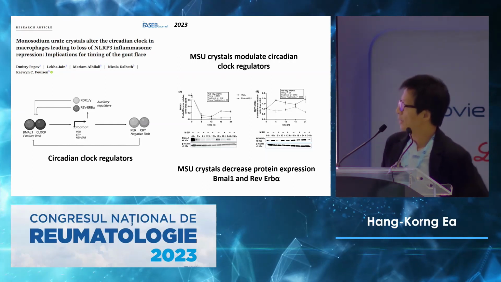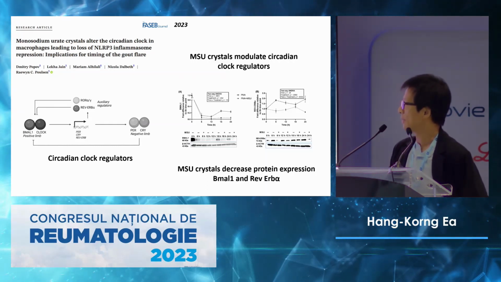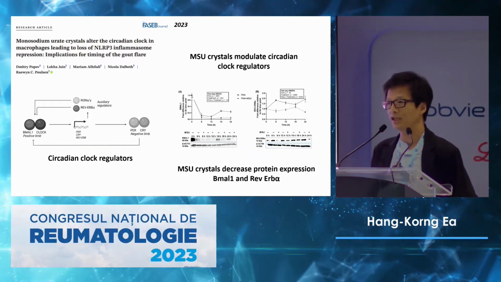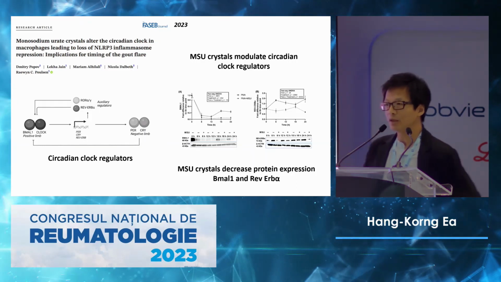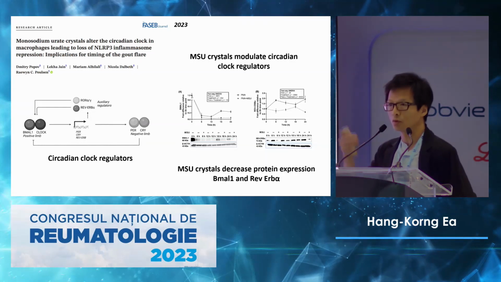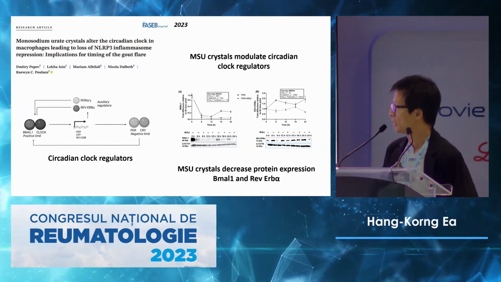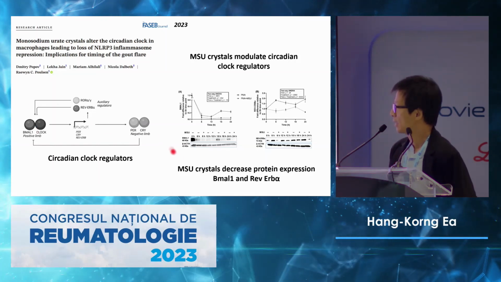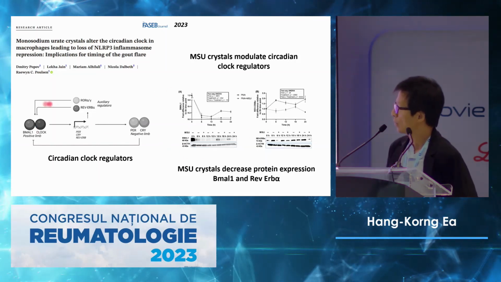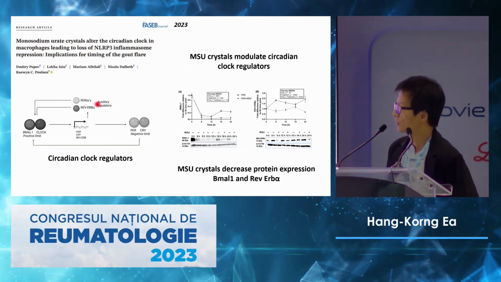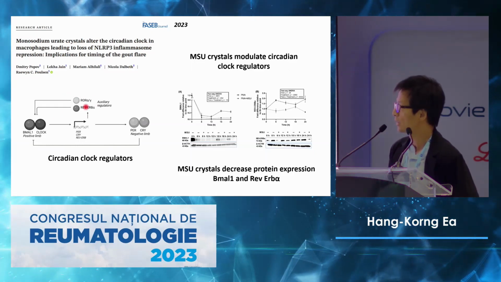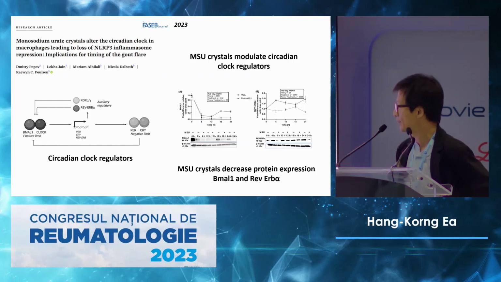So what we observe is that when we stimulated the cells, the THP1 and macrophages, MSU crystals were able to modulate and to reduce, for example, the expression and the production of the protein BMAL, and also of one of the negative regulators of the circadian clock, REV-ERB alpha.